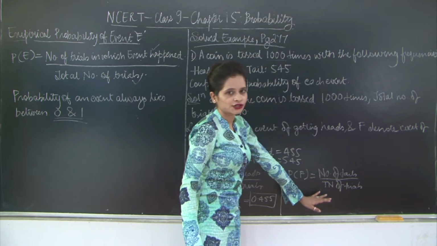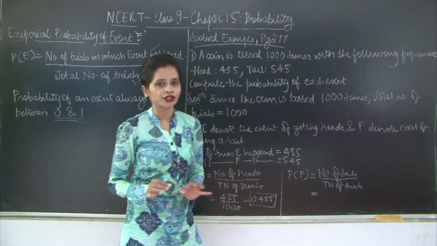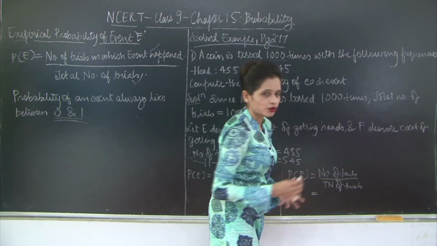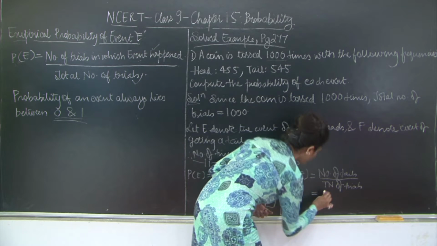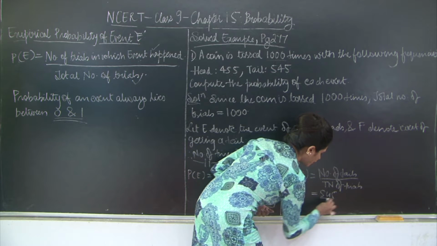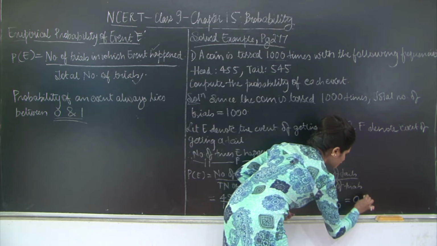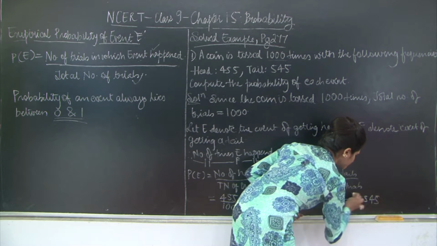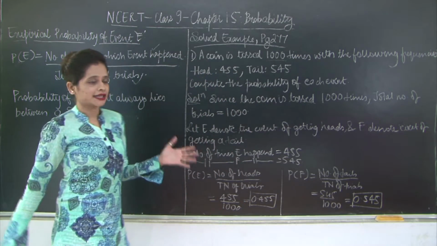I am explaining it to you, so it's just to save time I am writing Tn. You make sure that you are writing total number. You can write total NO dot instead of total number. So anyway, moving forward, this is going to be 545 upon 1000, which is equal to 0.545. This is the empirical probability of getting tails.